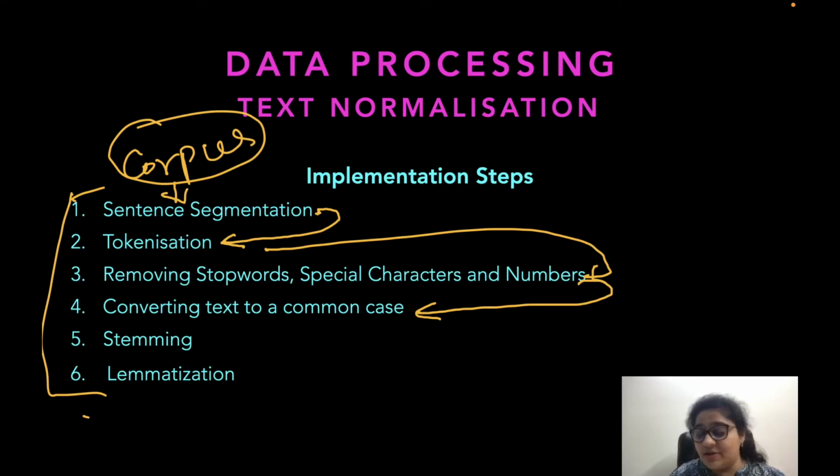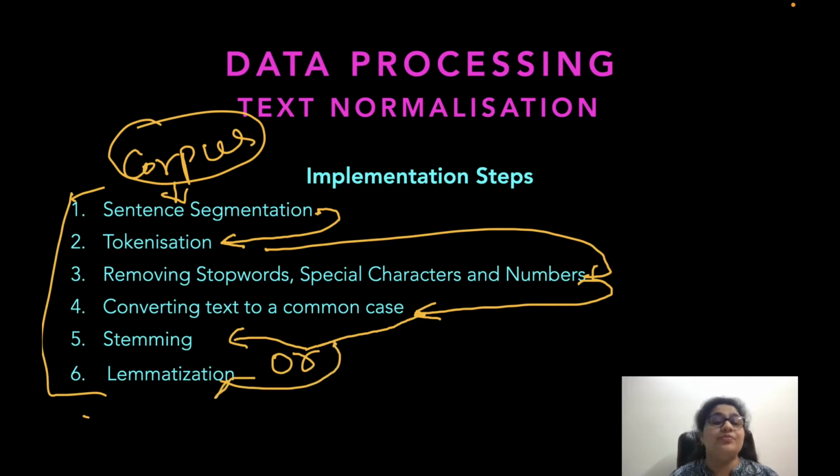Once it has reached step 4, that is converting text to a common case, it will reach either stemming or lemmatization, not both. I will tell you what they are and why both are not needed. So this is how it will go.